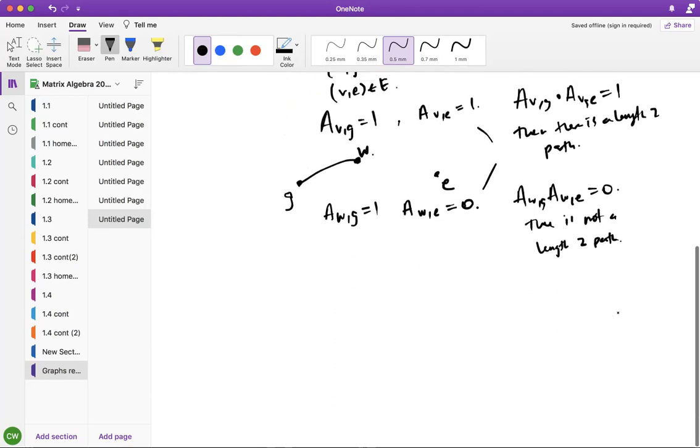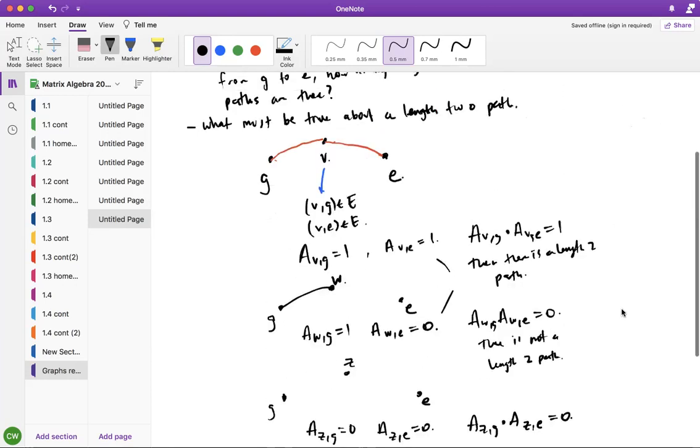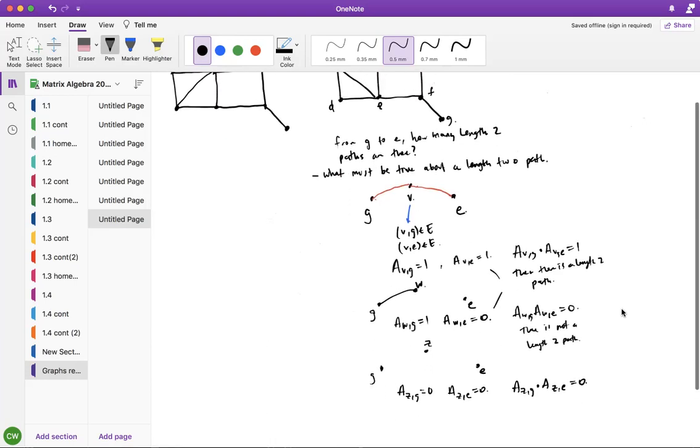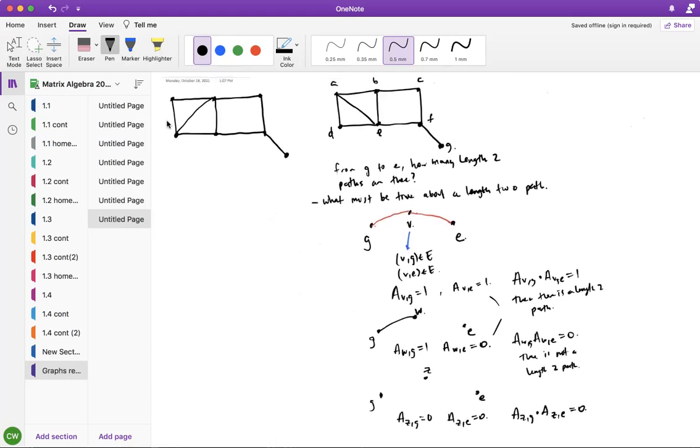Notice this also takes into account the case where you have a vertex that is not connected to G or to E. This would be A_ZG equal to 0 and A_ZE equal to 0, so this also implies the product is 0. So let's try to do this in general and with some index numbers.